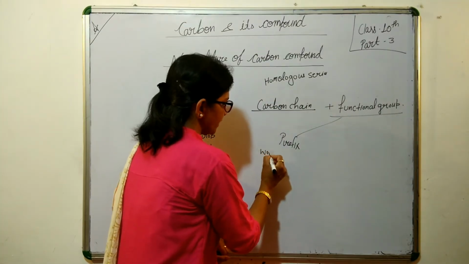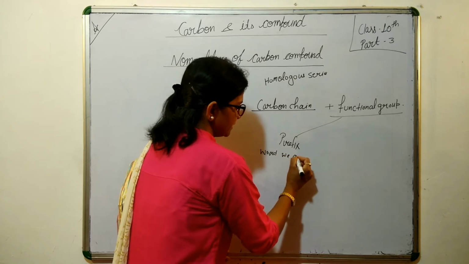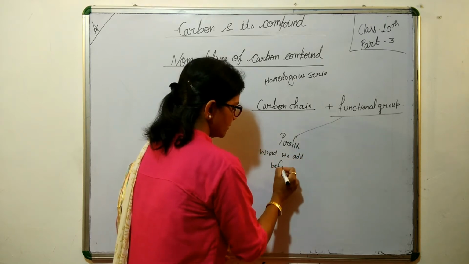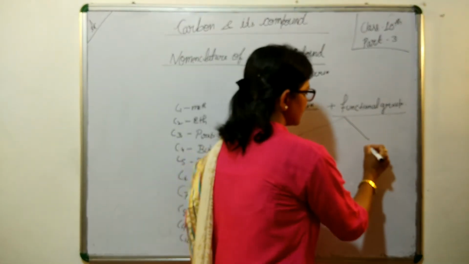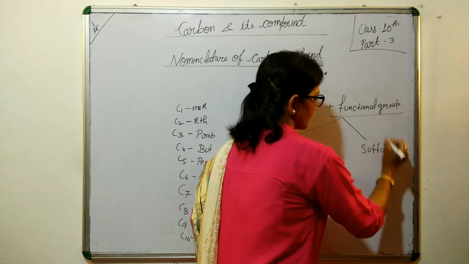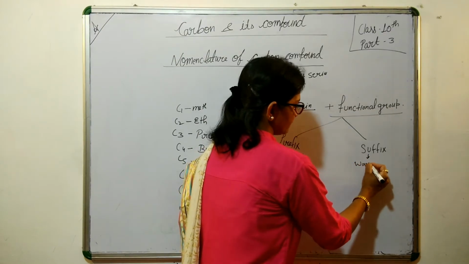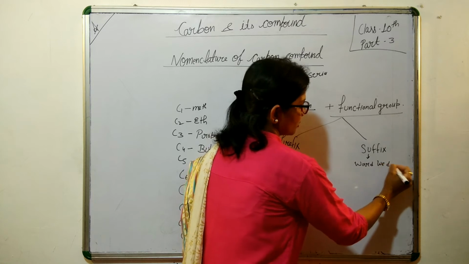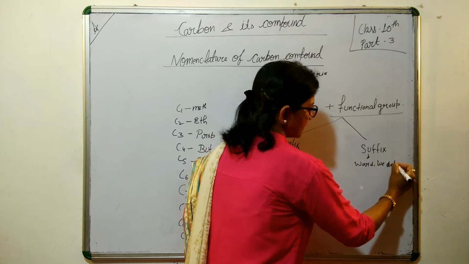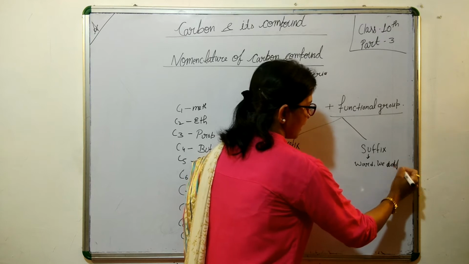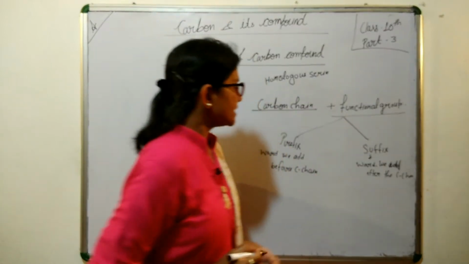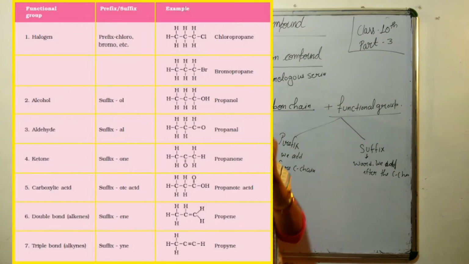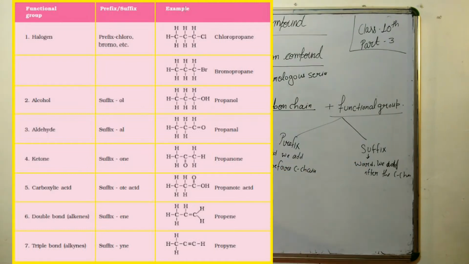We add a word before the carbon chain, or it can be a suffix, where we add a word after the carbon chain. On the screen you can see different types of functional groups with their prefixes. So let's elaborate on them.